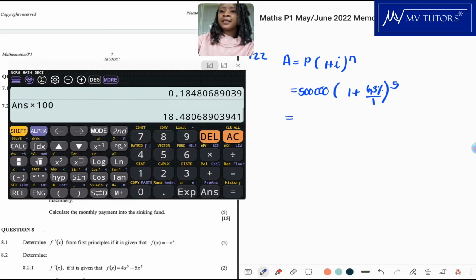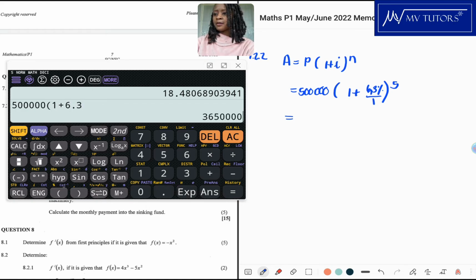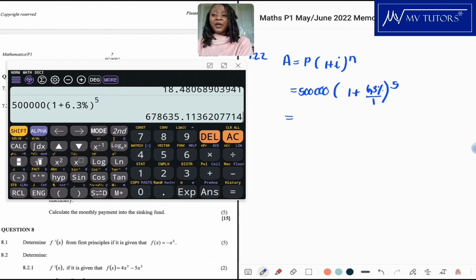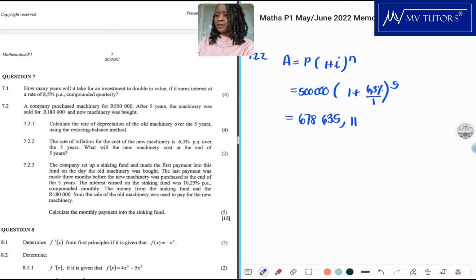So we can just plug that into the calculator. 500,000 times 1 plus 6.3% to the power 5. So now it is worth 678,635,11. Okay, it didn't say anything about rounding it off to the nearest rand.